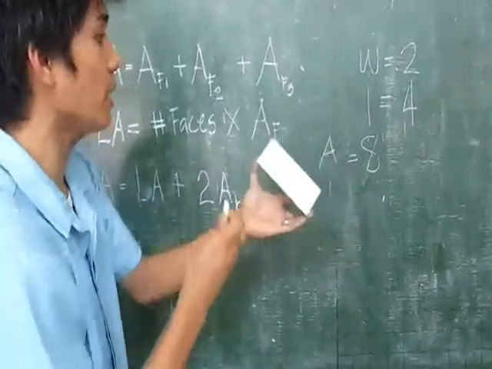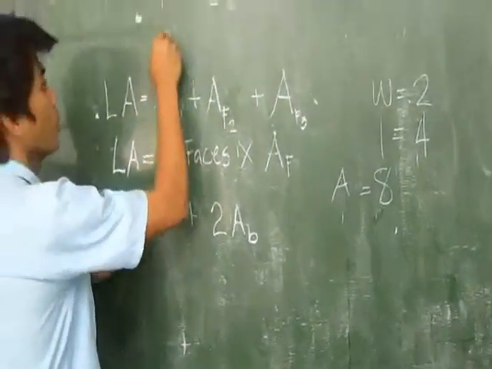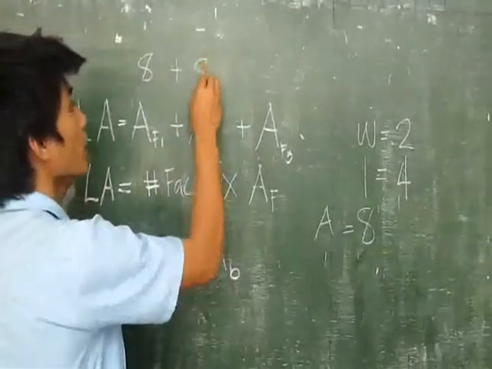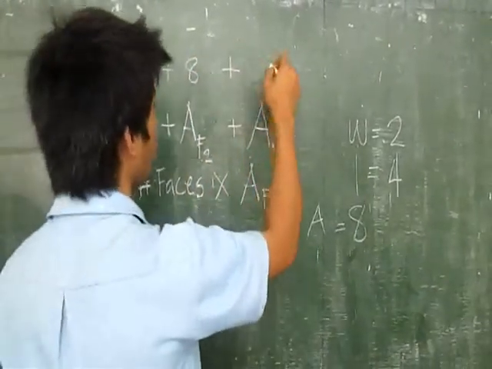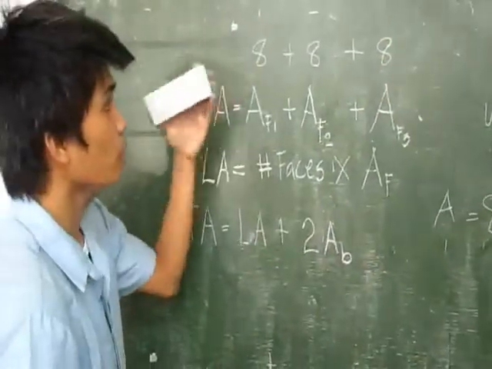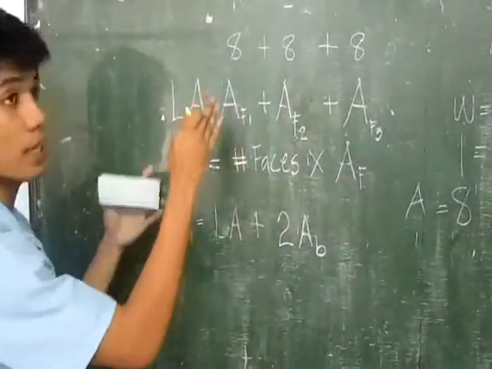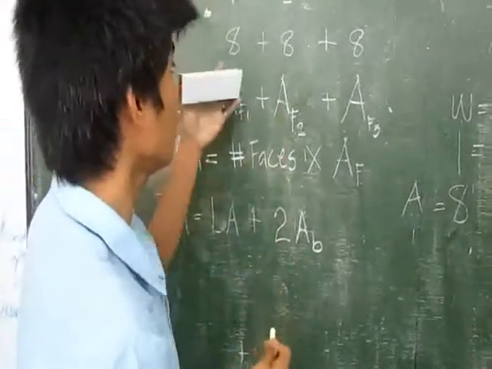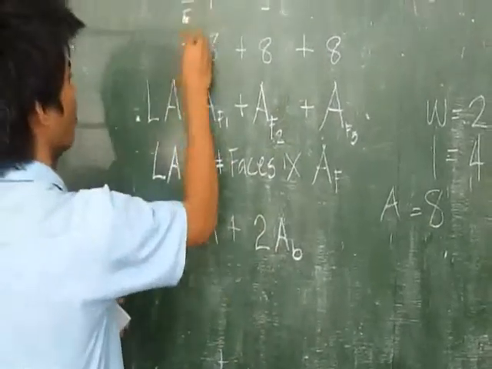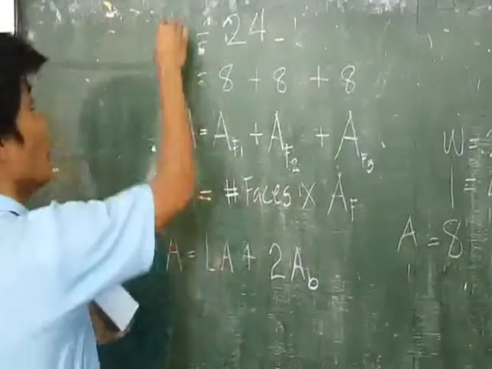Our face 1 has the area of 8, so we substitute 8. The area of face 2 is also 8, and the area of face 3 is 8. So we add these three areas of our faces: 8 plus 8 plus 8 is 16 plus 8 is 24. So the lateral area of our triangular prism is 24.